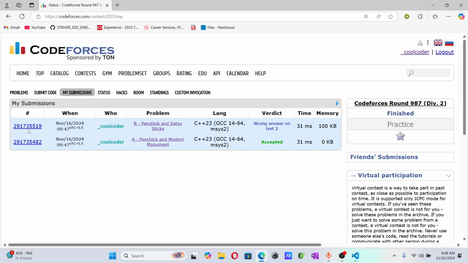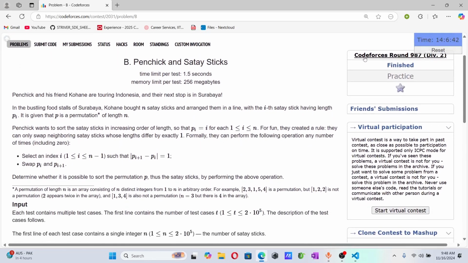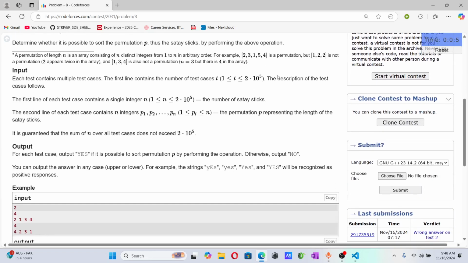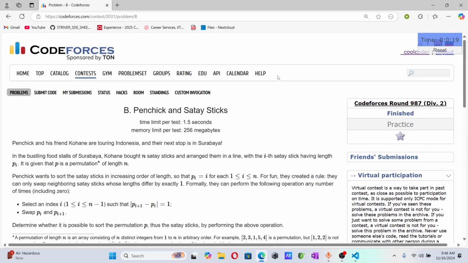Oh shit, damn. Let me just quickly solve this and move to the next question, I guess. Oh, I misread the question, so that's why it took me less time.